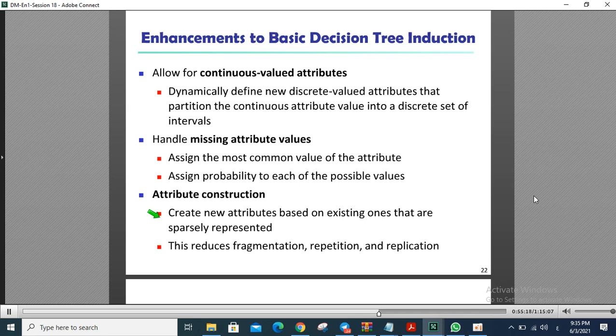And then I can work with those discrete sets. So in decision tree, we cannot directly work with continuous valued attributes. Firstly, we have to discretize them into some subsets and then work with those subsets.